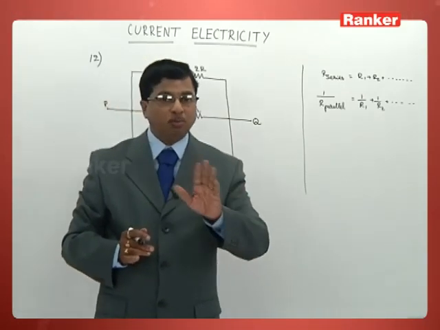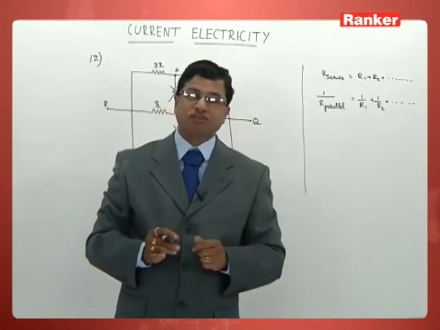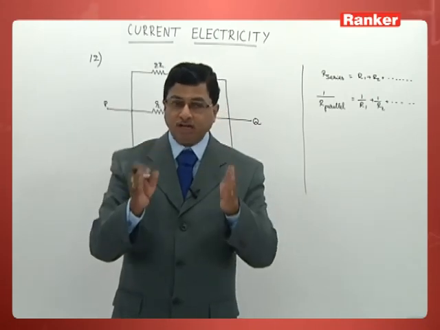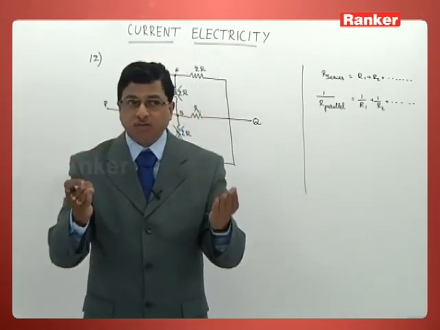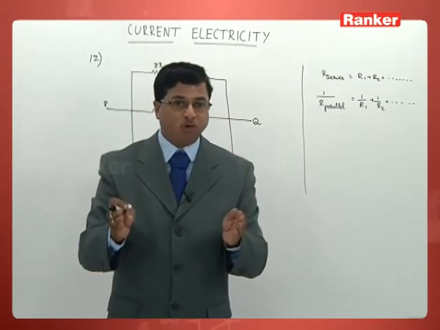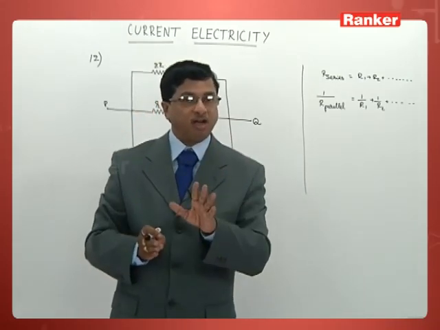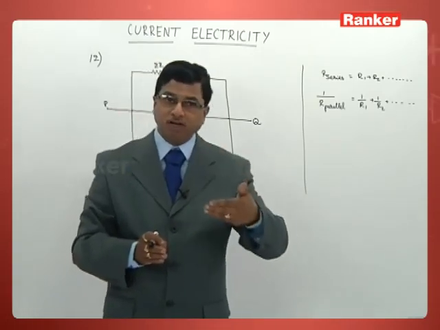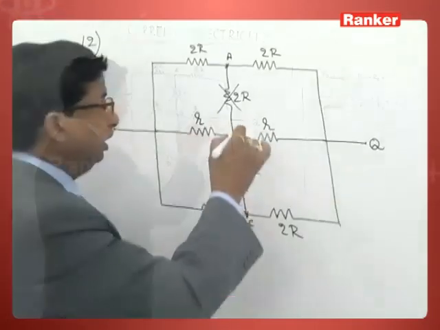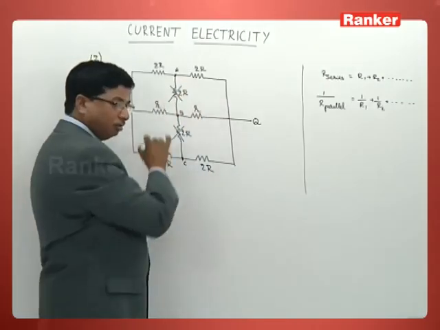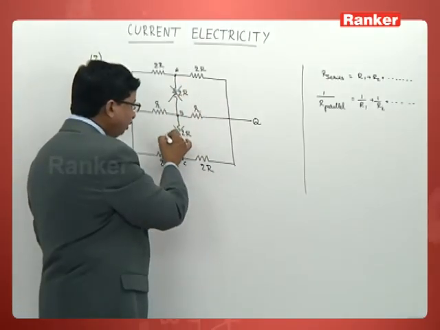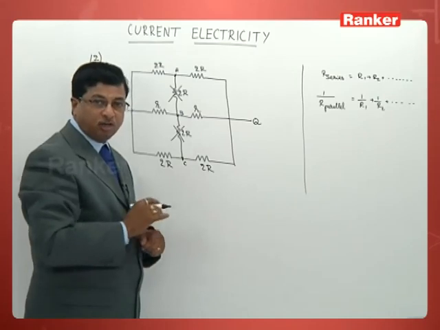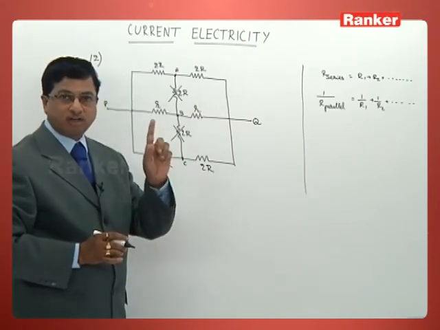There is no potential difference across the system. When we find the potential difference between the points to be 0, then one can understand no current flows across. So what do you find in this particular circuit now? Across this 2R resistance and across this other resistance of 2R, no current flows across.